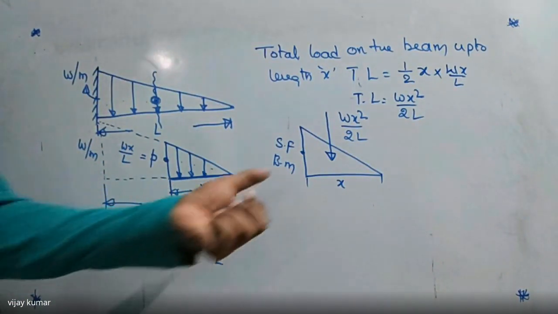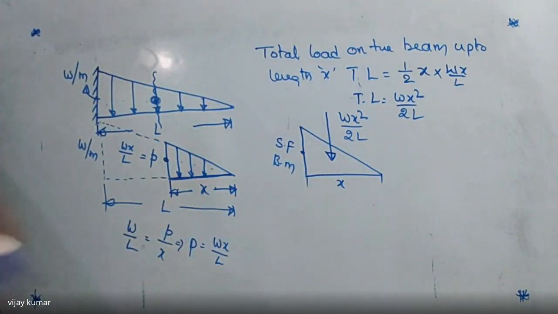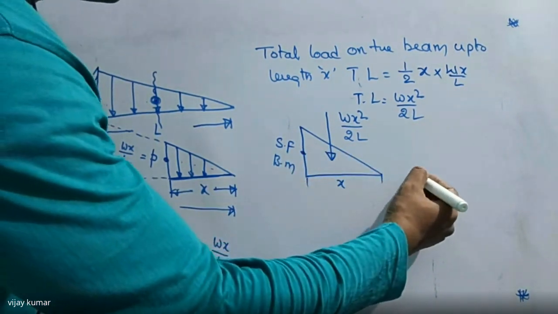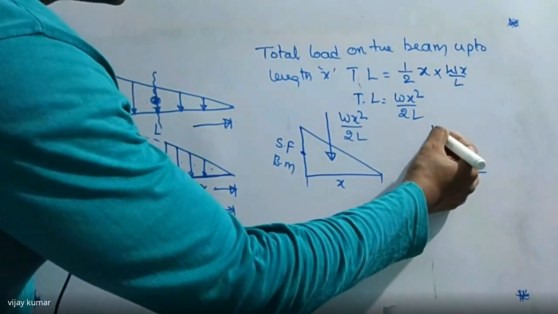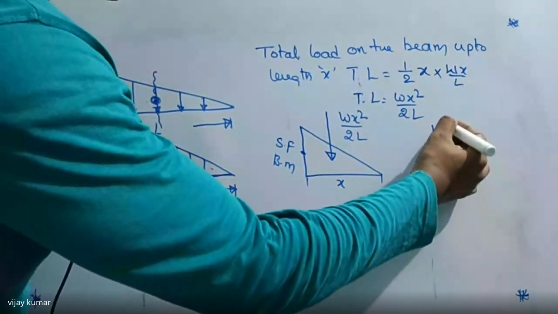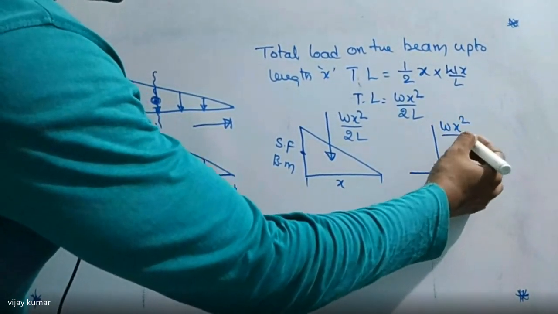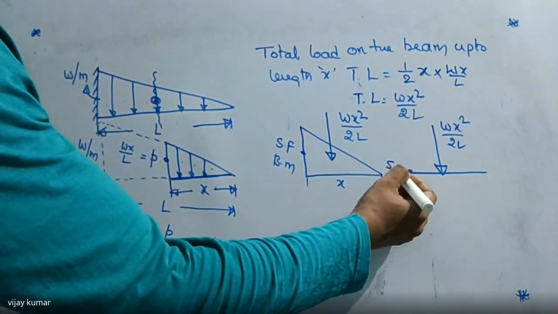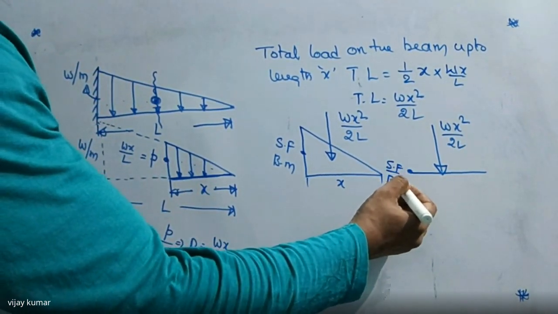So how to find the shear force here? We can draw a free body diagram like this also. This is the total load on this beam, that is Wx square by 2L. And here I am going to find the shear force and bending moment values.